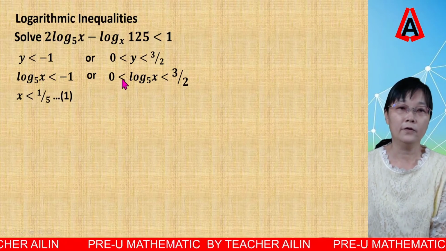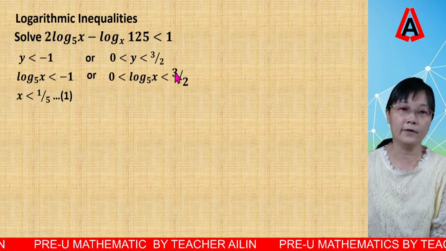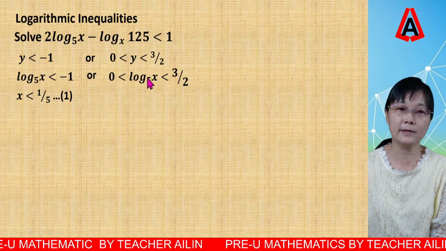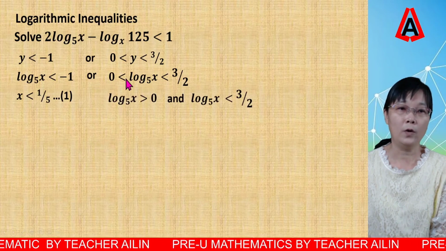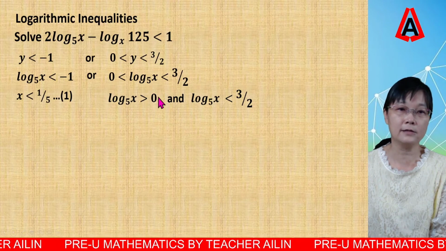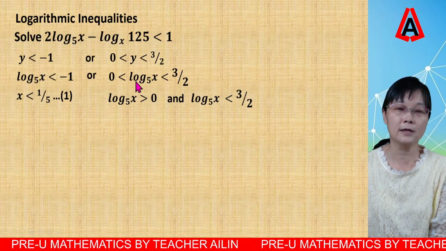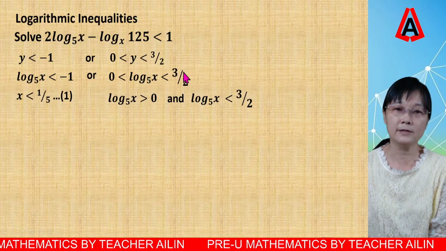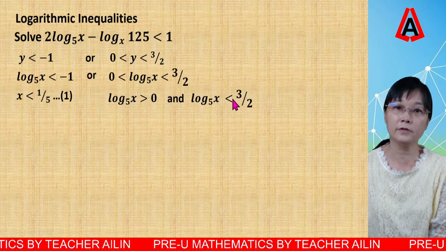For the other set of values of x, I'm going to separate it into two. One is log x base 5 greater than 0, and the other one is logarithm x with base 5 less than 3 over 2.